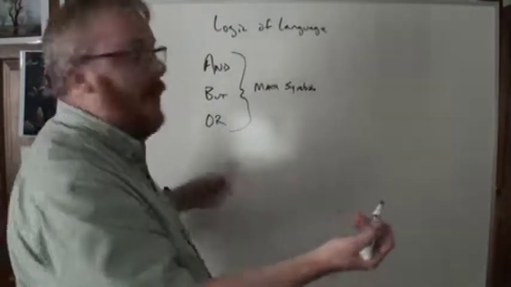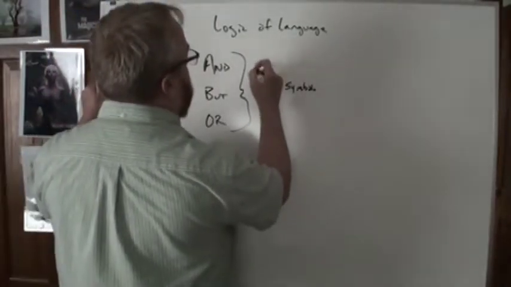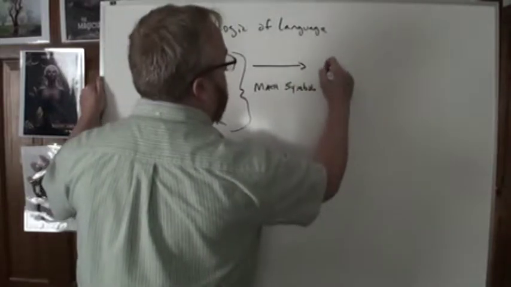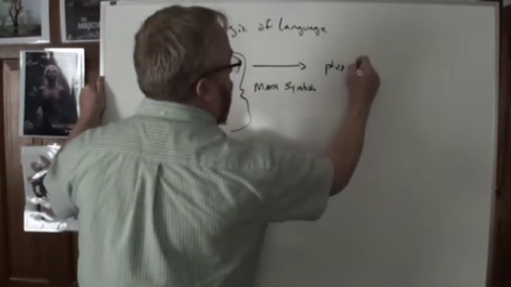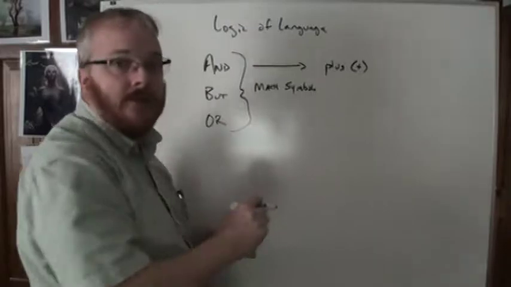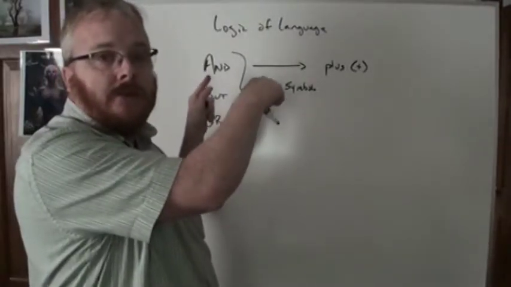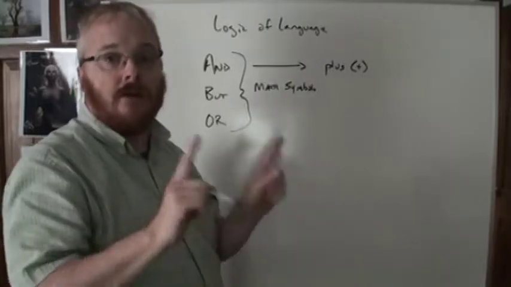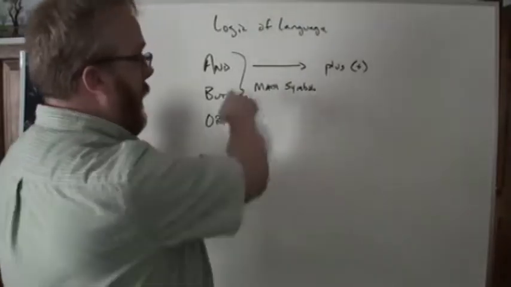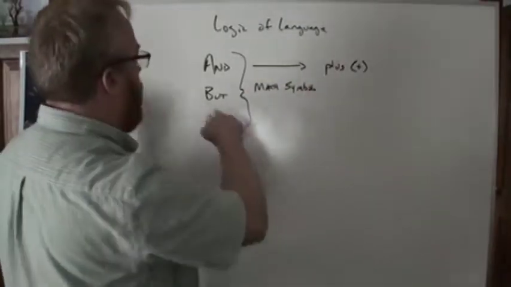Specifically, "and" has as its counterpart the plus symbol. Anytime we use "and," we're saying both sides of "and" are equal. So "and" is plus: this plus that.